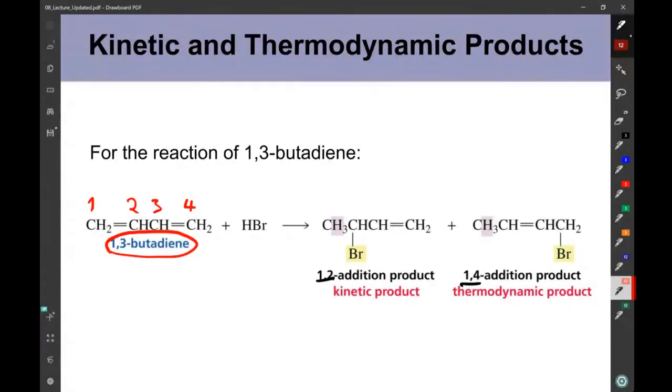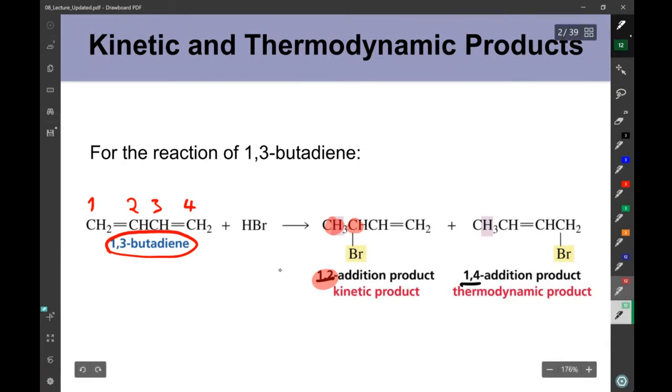Carbon number 1 with more hydrogen ends up with more hydrogen, and carbon number 2 ends up with the bromine. So this is a 1,2 addition product because you are adding a hydrogen on carbon 1 and a bromine on carbon 2. That's why we refer to it as a 1,2 addition.